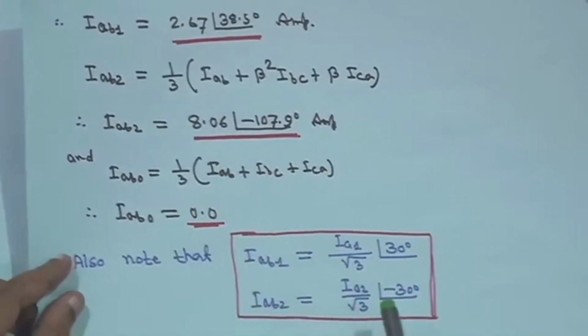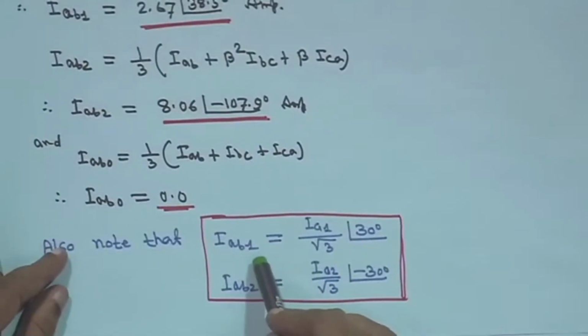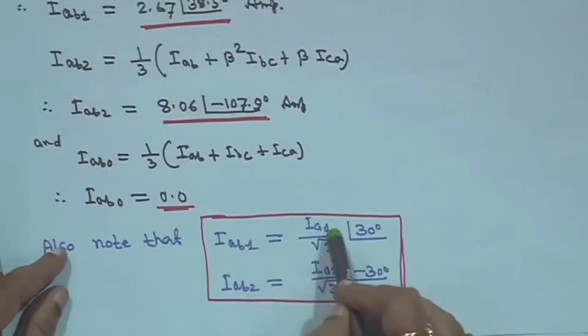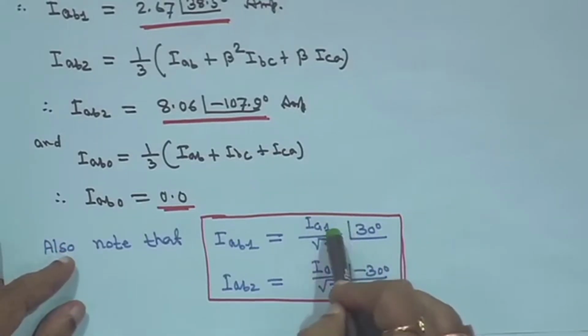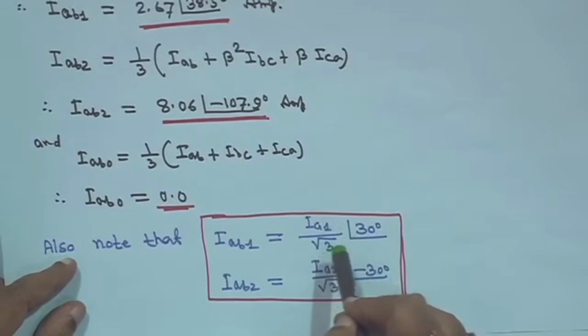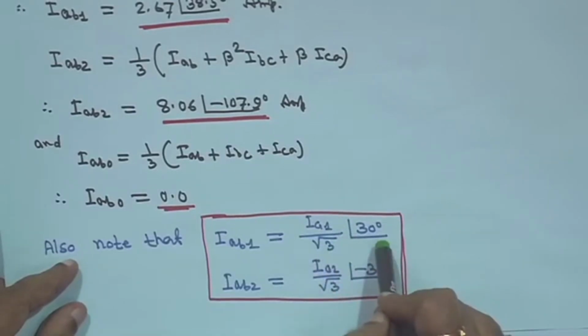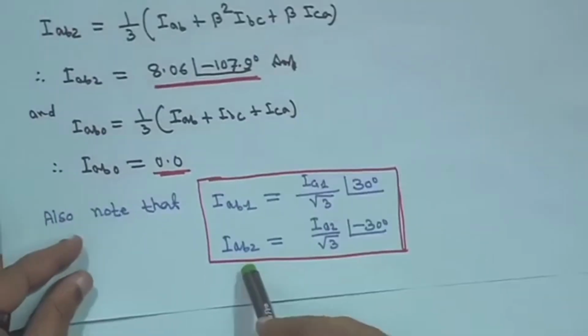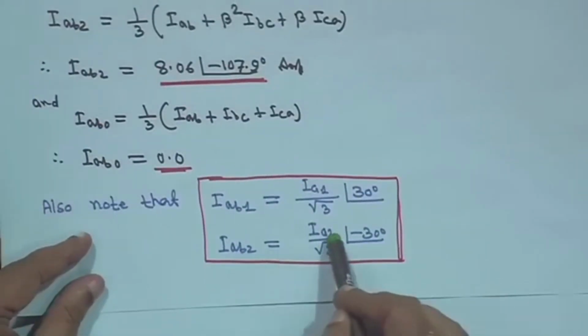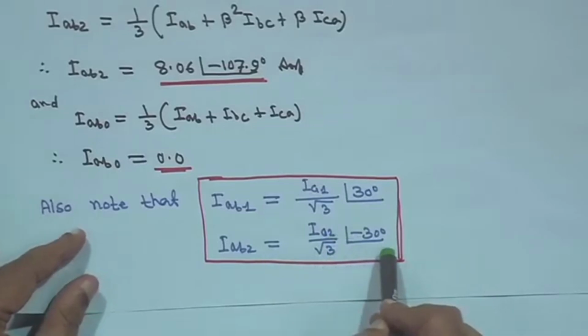Also note that you can verify that IAB1 is IA1 by root 3 angle 30 degree. You know IA1, substitute here and divide by root 3, and you will see IAB1 becomes IA1 by root 3 angle 30 degree. Similarly, IAB2 will become IA2 by root 3 angle minus 30 degree.